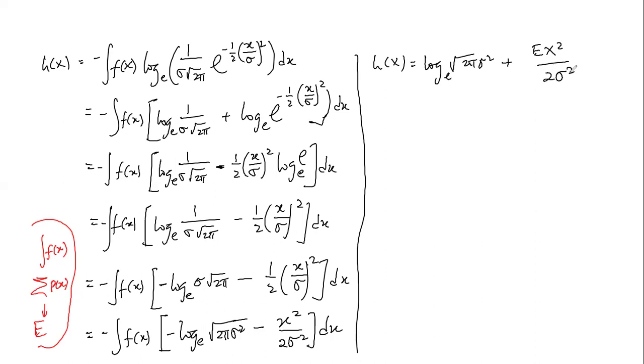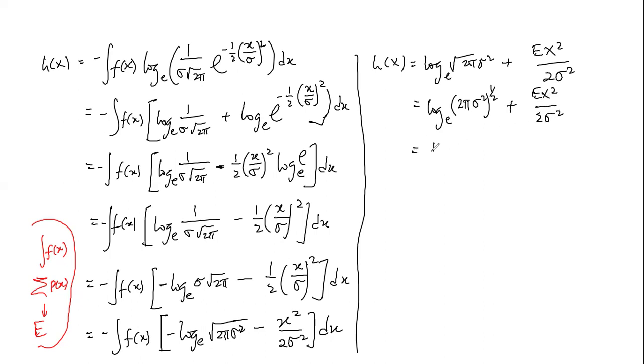Now, in dealing with this, X squared is the energy. This is more like the power and the noise energy. Fine. And this also can be written as log to base e of bracket 2 pi sigma squared to the power of 1 over 2, which is the same as the square root, plus the expectation value of x squared over 2 sigma squared.